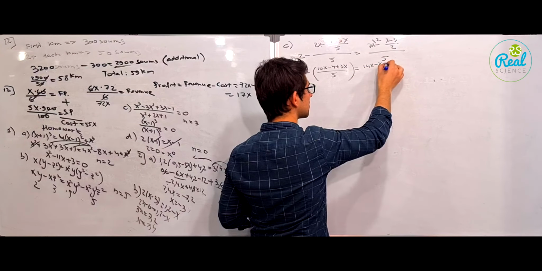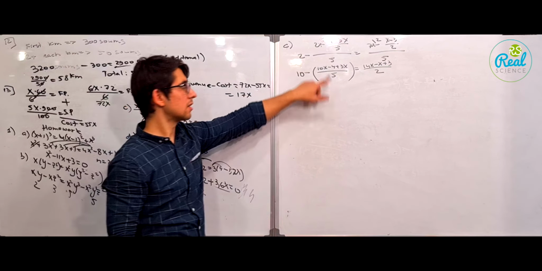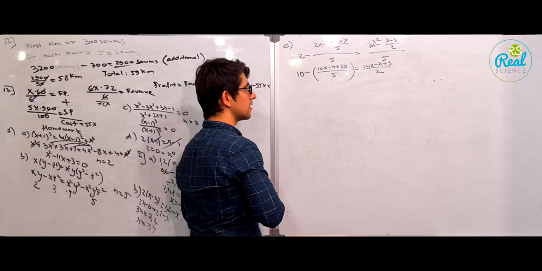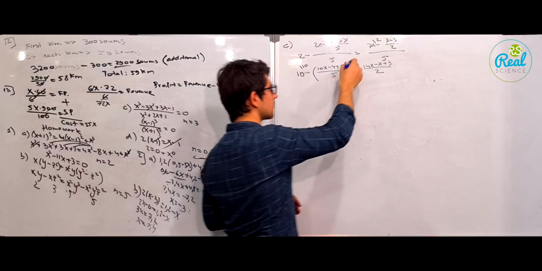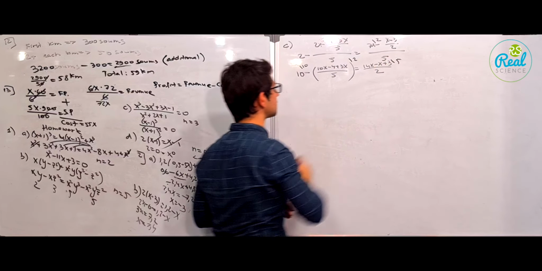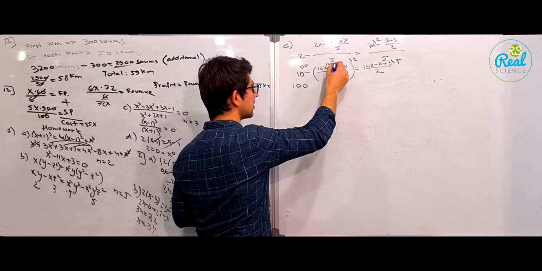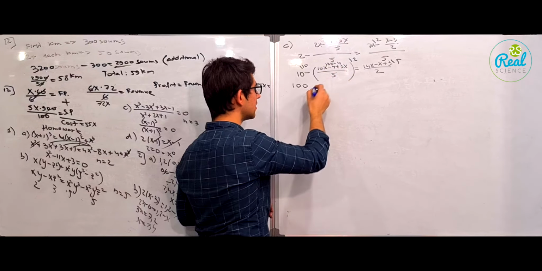14x minus x plus 3 over 2. We drop that common denominator. So, let's give another common denominator. 10, 2, 5. So 100. The result is 13x minus 4 here, right? You are multiplying by 2 and negating the sign.